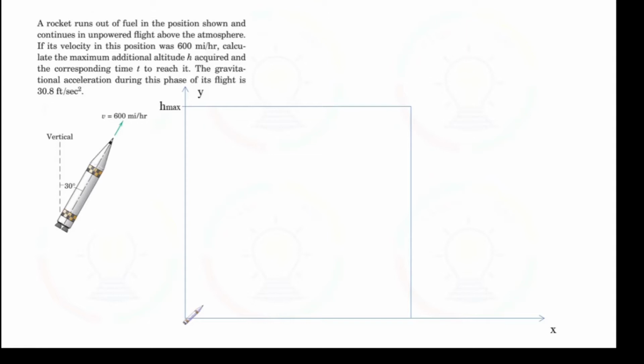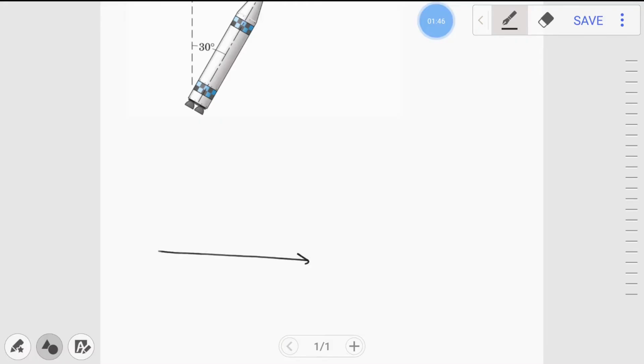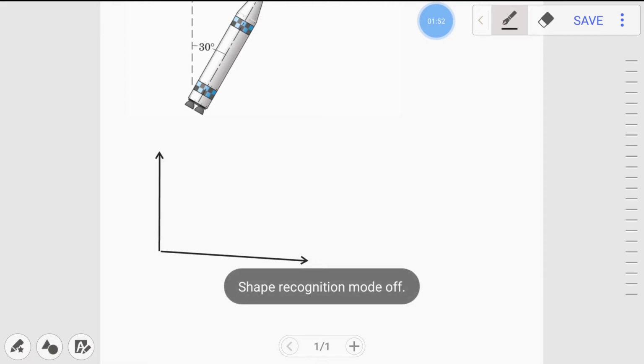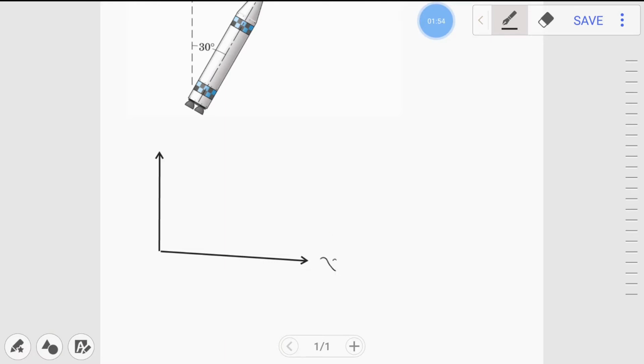Now the first thing is we'll take out the given parameters and then list down the required parameters. For ease of illustration, let's construct the graph with the horizontal and vertical positions, x and y here, and then construct the velocity at this position.